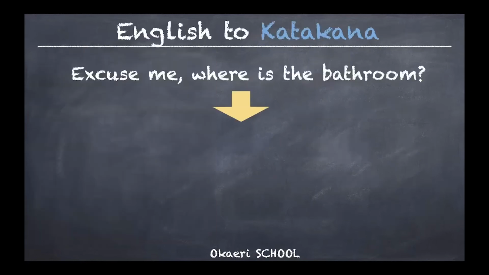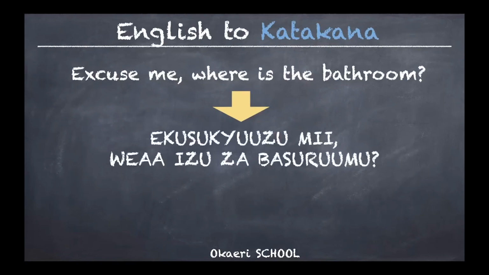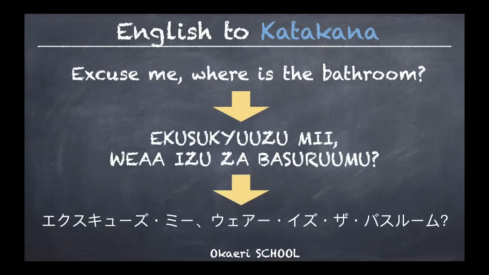So it can also be used when people say, what? They don't understand. You can say, excuse me, where is the bathroom? Or something like that. And then it'll be written like this.